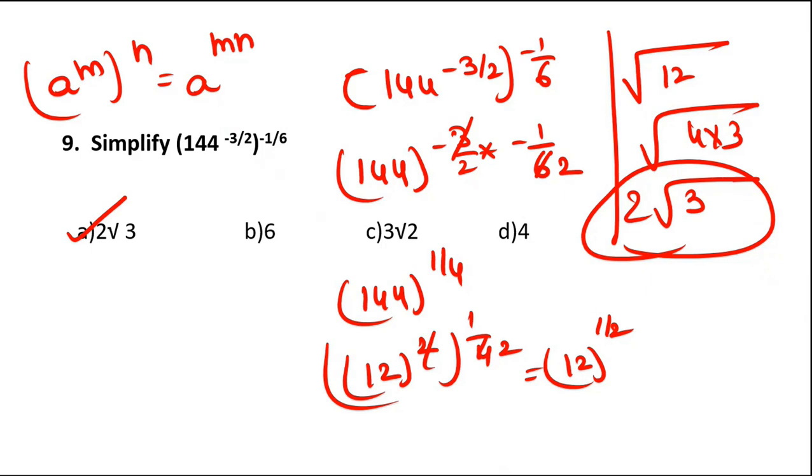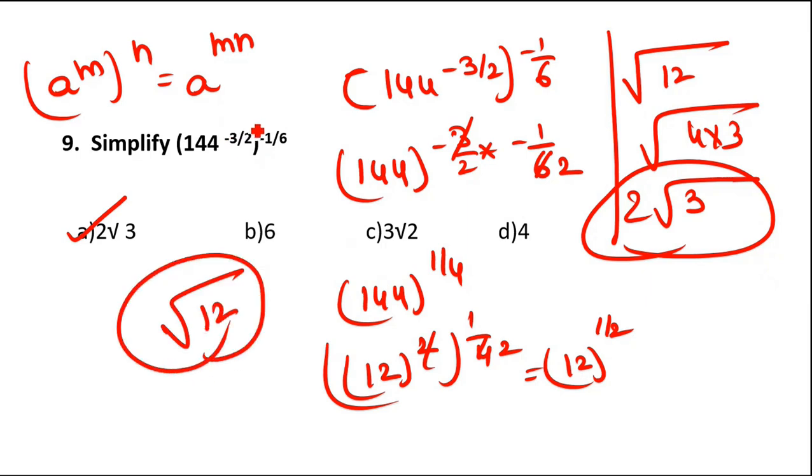Instead of asking you directly what is under root 12, they gave you this expression. After simplifying, the moment you get under root 12, that is 2 root 3. Answer is 2 root 3. Step by step, you can simplify. A power m whole power n is a power mn. Whatever is there in the powers can be multiplied, and base will be normalized with respect to powers of any respective numbers.